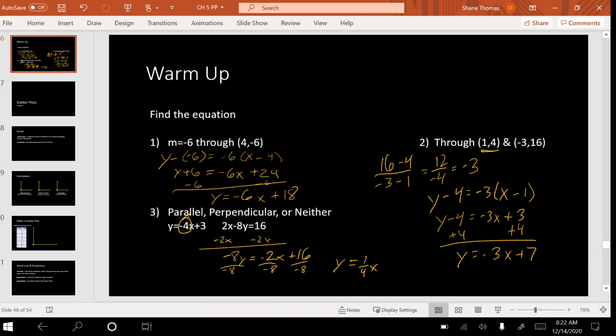And 16 divided by negative 8? What's the slope of that line now? Okay, parallel, perpendicular, neither. Perpendicular, because they are negative reciprocals of each other. Questions?